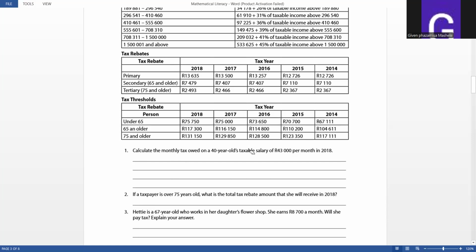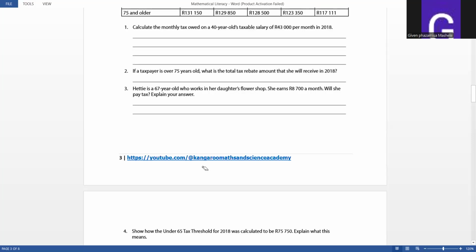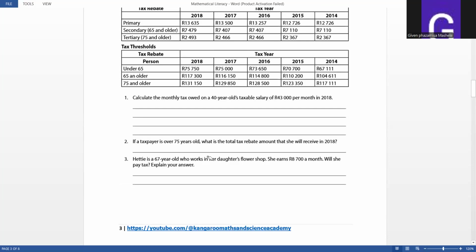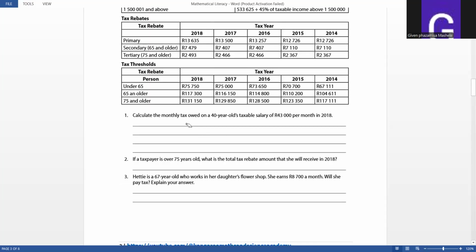So we want to calculate the monthly tax owed based on a 40-year-old's taxable salary of 43,000 per month in 2018.